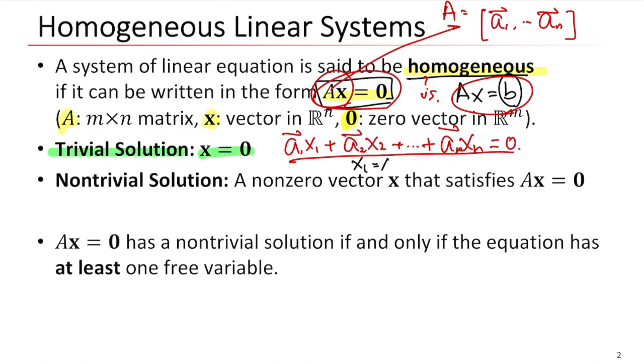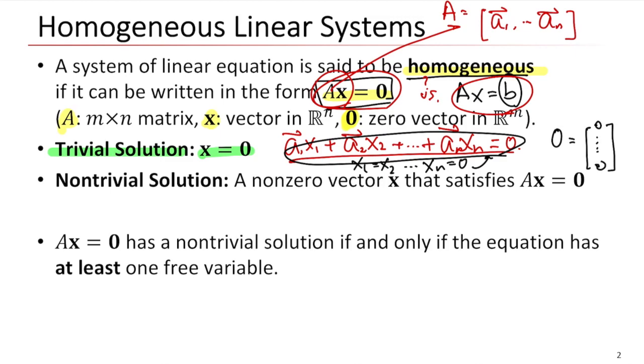When x1, x2 through xn equal 0, it satisfies this equation, right? So the zero vector means there are 0s at each entry. So this is the zero vector here. So every homogeneous system has the trivial solution.